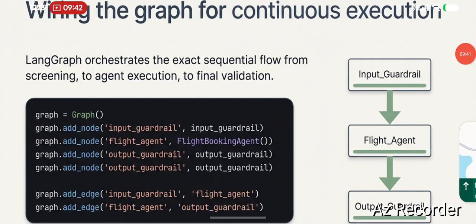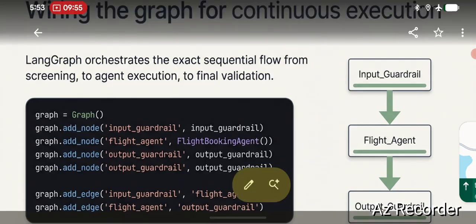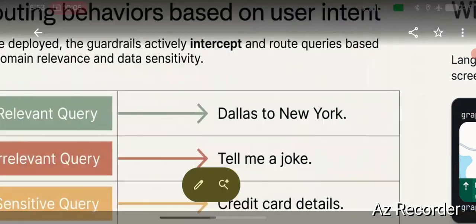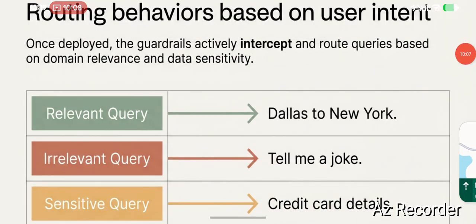The edges created here are: input guardrail, and after processing, conditionally, if it is valid, it sends to the flight agent. The flight agent, after processing, shares the output to the output guardrail, and if the validation passes, it sends the response to the user.